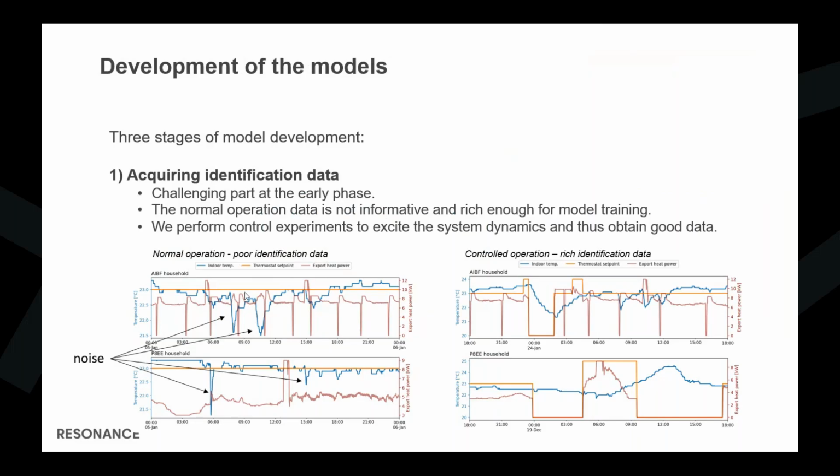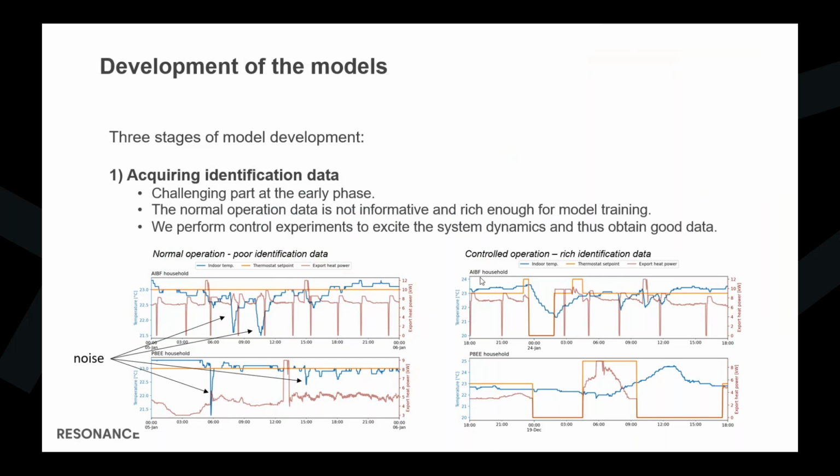We can see the frequent noisy oscillations and relatively stable heat power, represented with the brown color here. And of course, the set point is set to a constant value. Training the model on such data does not guarantee a really good model.